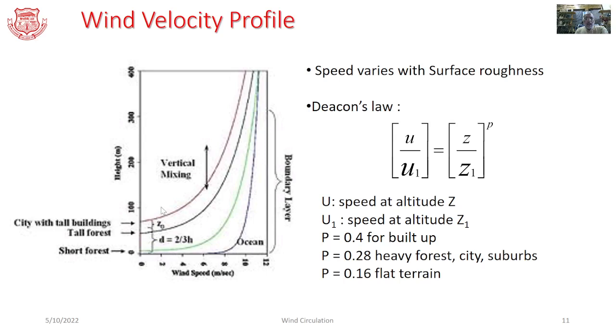However, as we go on reaching the high altitudes, this vertical mixing will be enhanced, and as we discussed about the boundary layer theory, after a certain height, the wind speed will be considerably high as compared to what it is in the presence of tall buildings and similar structures.